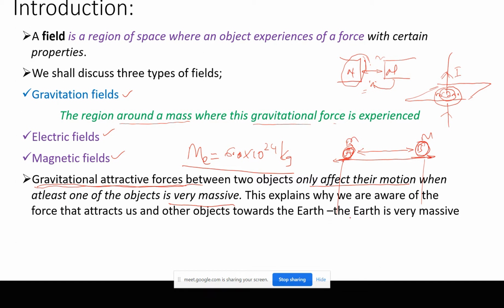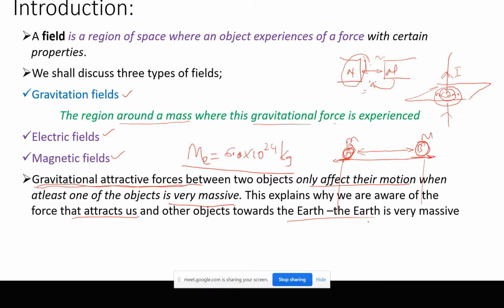And this explains why we are aware of the force that attracts us and other objects towards the Earth. In other words, it's because the Earth is very, very massive. To sum this up, the region around a mass where the gravitational force is experienced, we have called the gravitational field.